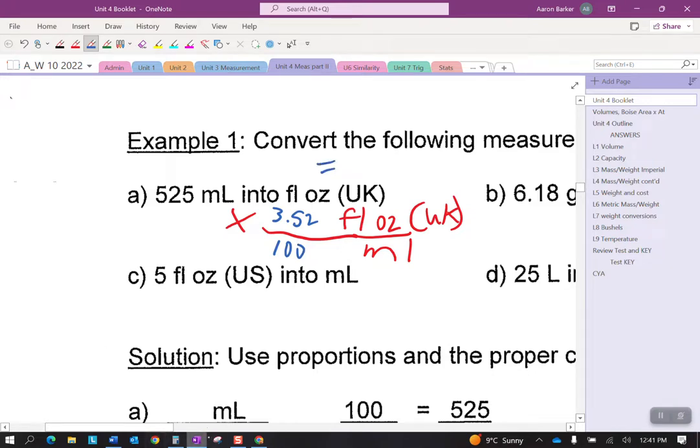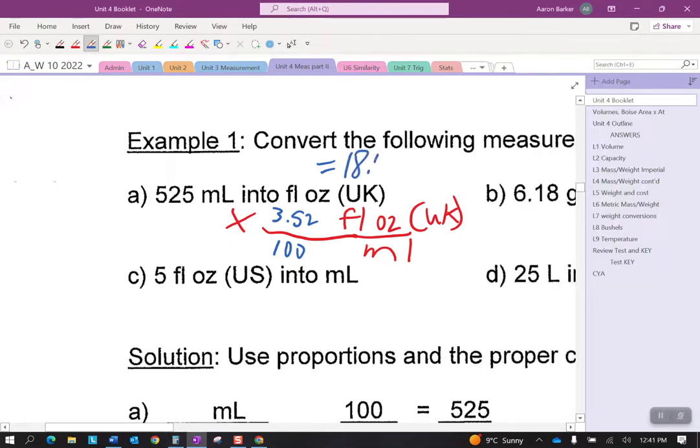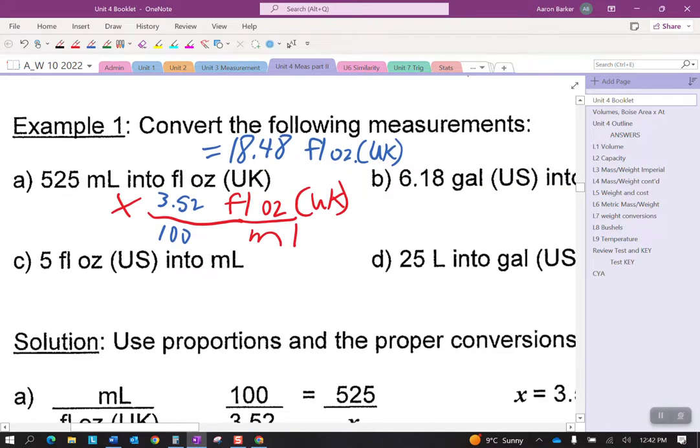So we multiply 525 times 3.52 divided by 100, 18.48 fluid ounces, UK. All right. Questions, comments, or concerns?